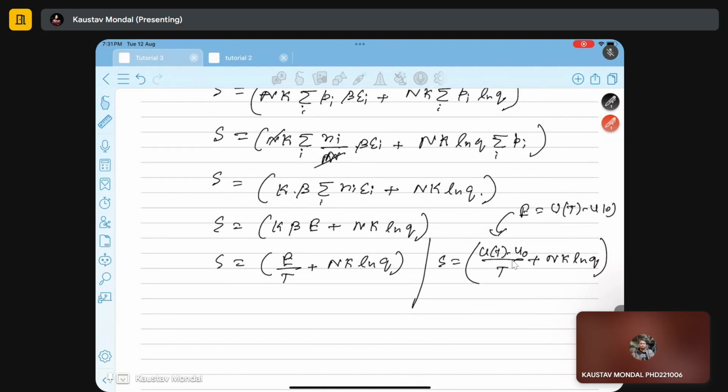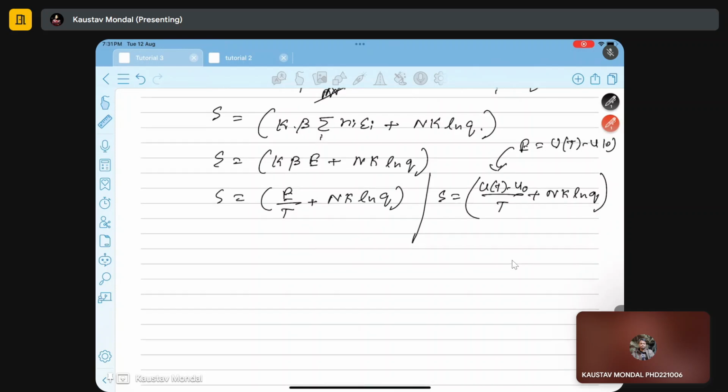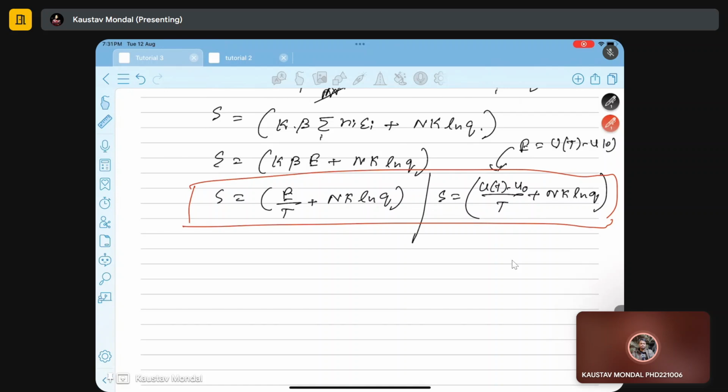So now, let's suppose any system is given. We will come to the problem in a few more minutes. How can we use this expression? What is the significance? As you can see, this expression is dependent upon the internal energy or total energy of the system, the temperature, the number of particles, and the partition function, the most important thing here.